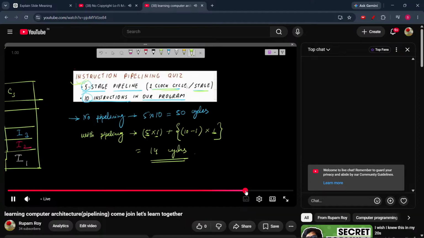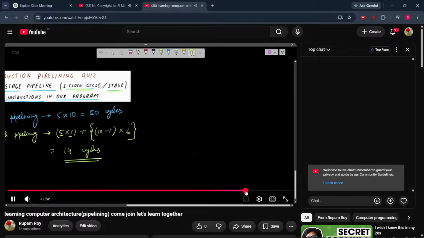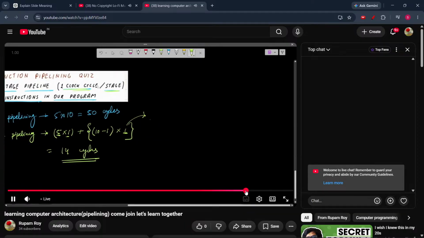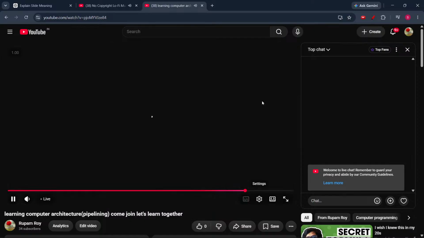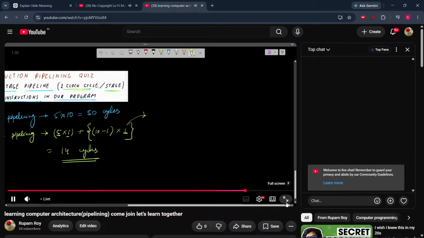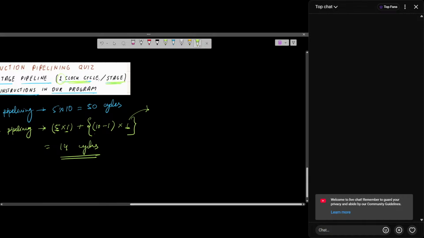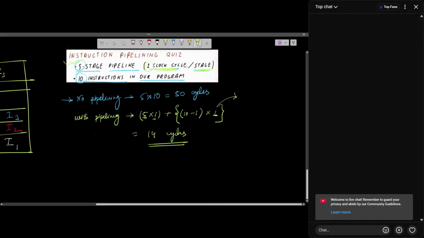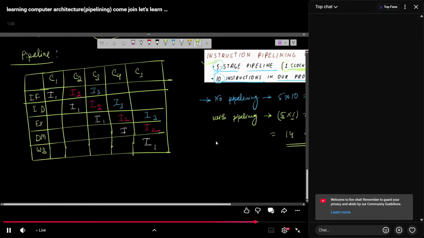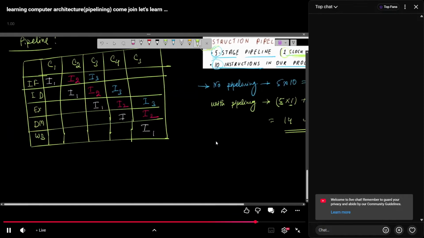If any number other than 1 is given for the clock cycle per stage, in that case we will not take 1, we will take that value only, which would be given. Okay, let's move on.